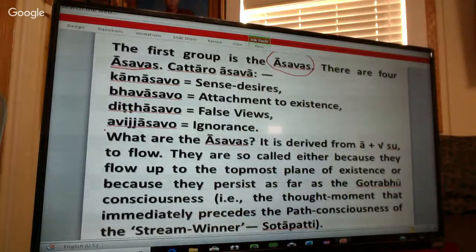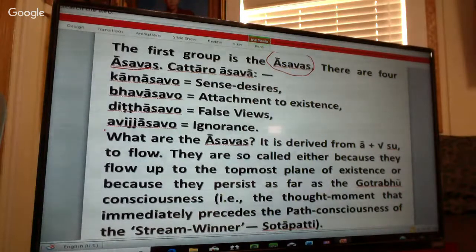So we make the separation. Idam me puññam, asavakkhayavaham hotu. That means by the power of that meritorious deed, may I be free from the asava.